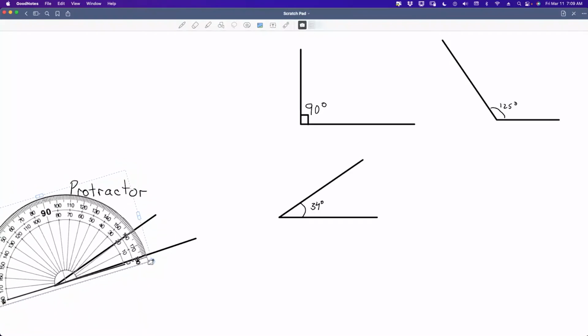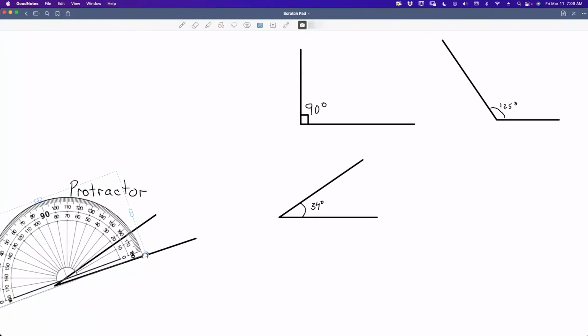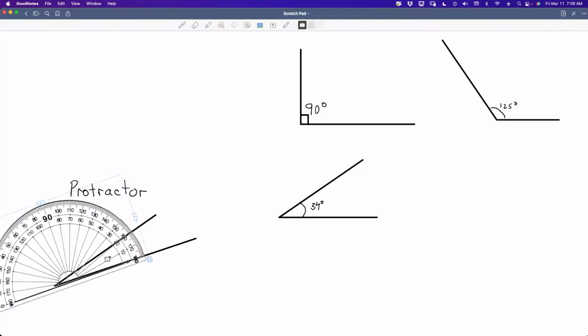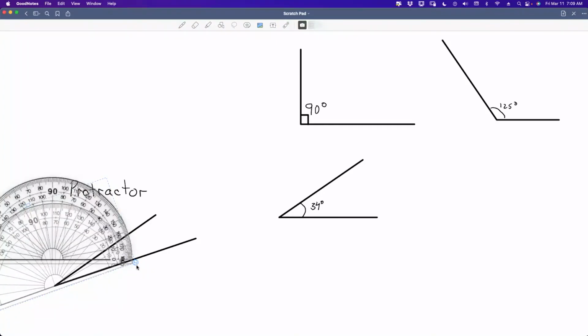And it doesn't matter if I enlarge it or decrease the size of this protractor, it's going to remain the same degree of measure. So let me make sure this is parallel to that line. You line up your protractor to the angle. What did I do?